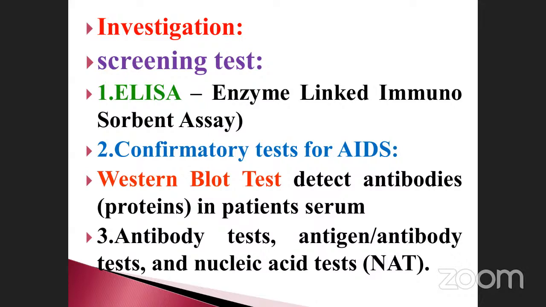And nowadays there is the oral quick test also present. In the oral quick test, we may collect the saliva from the person suffering from AIDS, and we can analyze whether HIV is present or not. You must note these two things. The confirmatory test is very, very important.